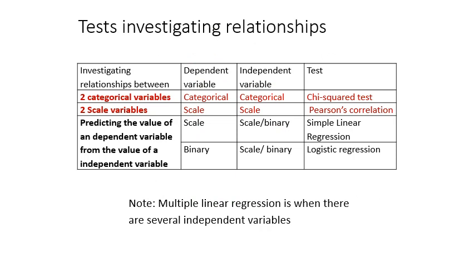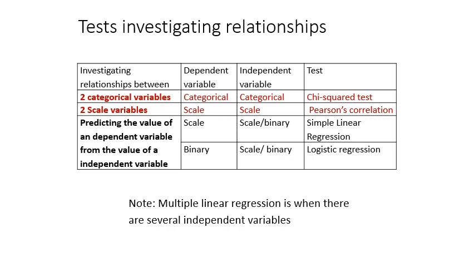If you are investigating relationships, okay, so if you have two categorical variables, your dependent is categorical while your independent is also categorical, then you use chi-square test. If you have two scale variables, both dependent and independent, then that's the time that you will use Pearson's correlation.